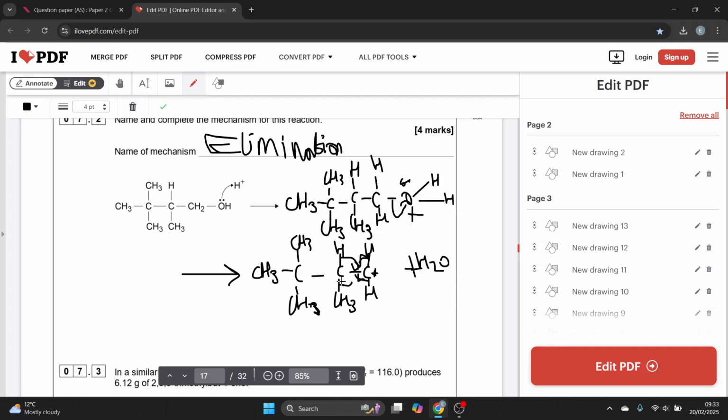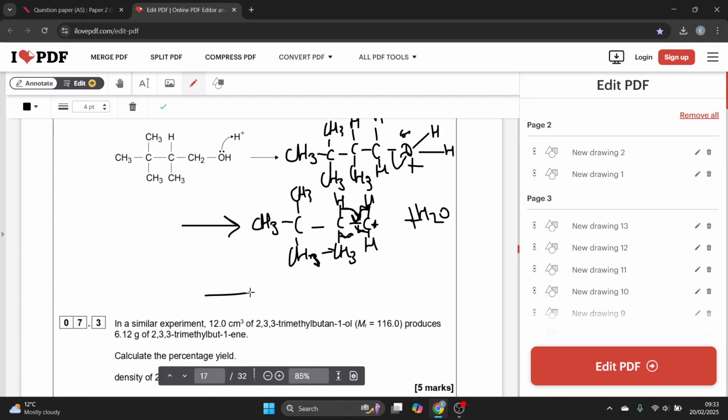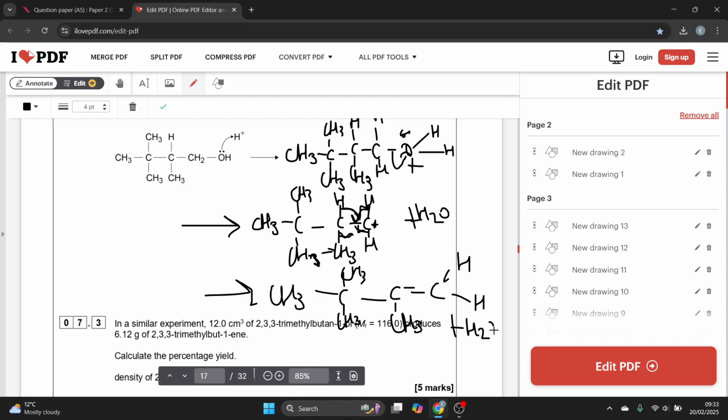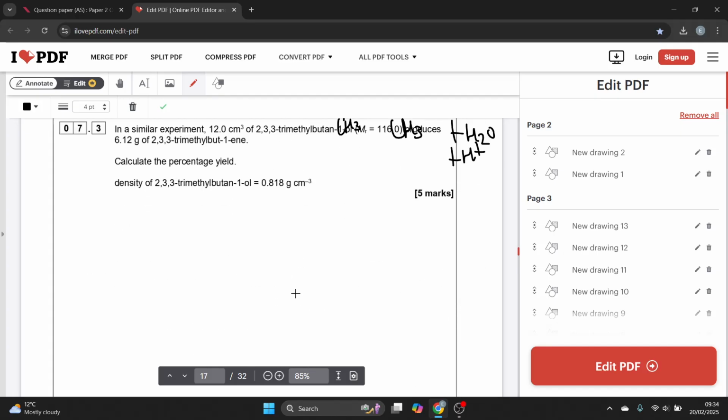So then it forms a double bond here, and your final product is CH3, C, CH3, CH3, C, double bond, C, H, H, CH3, plus H2O. The carbocation loses a H plus ion.